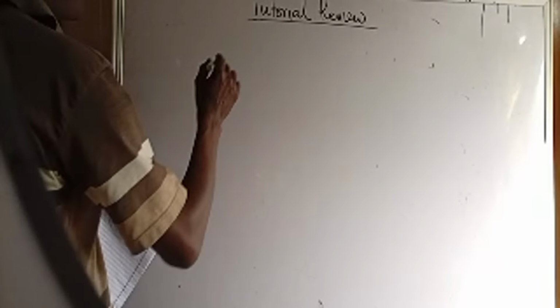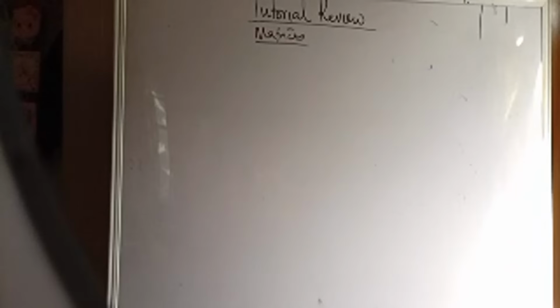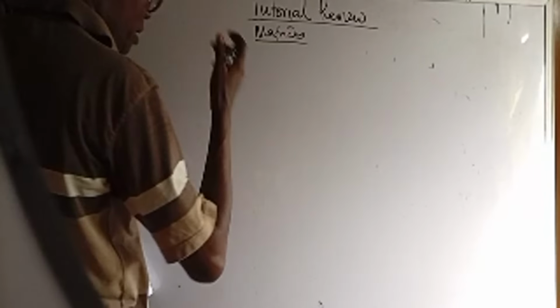Now, here we are going to discuss matrices. We know that this is when you have a set of values being arranged in a rectangular form to form an array. Now, I will be very reflective here.